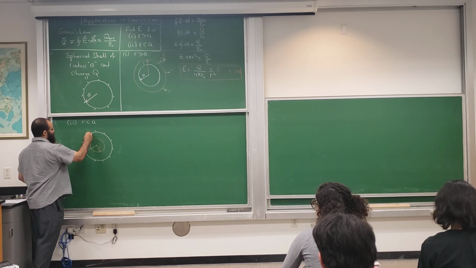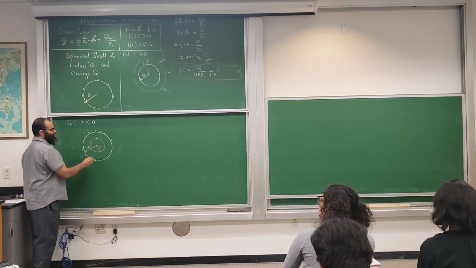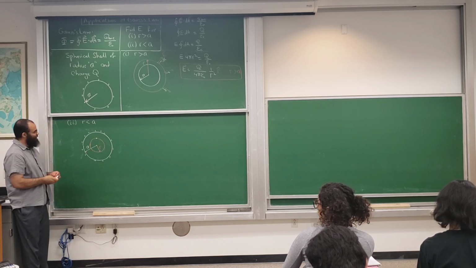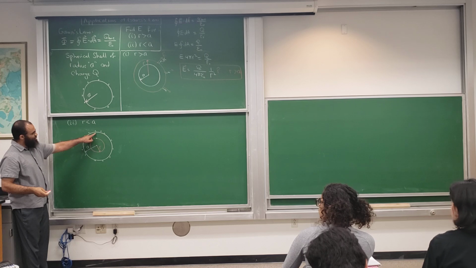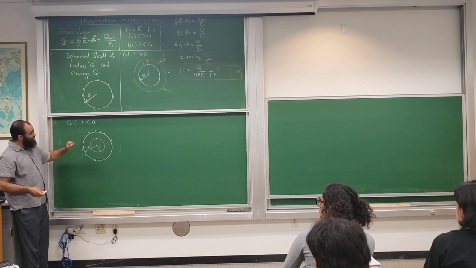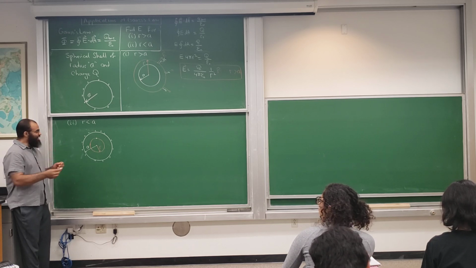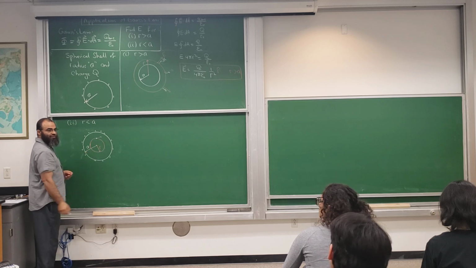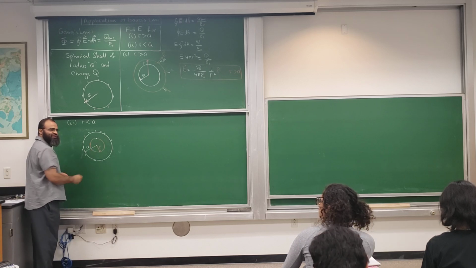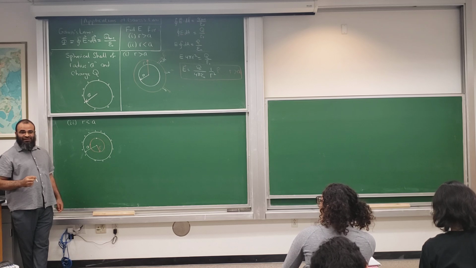Let's choose a particular point, say this point here. In what direction is the electric field going to be? Inward, toward the center, or maybe radially outward, or maybe 0. The fact is we can't really know yet.